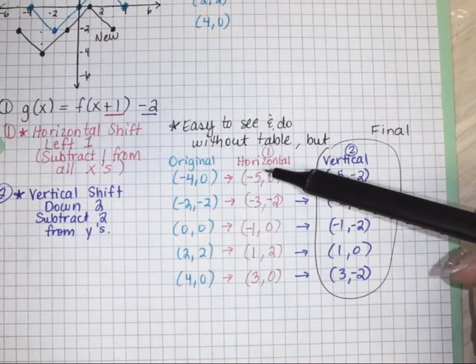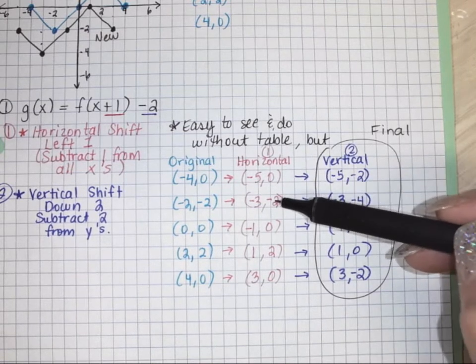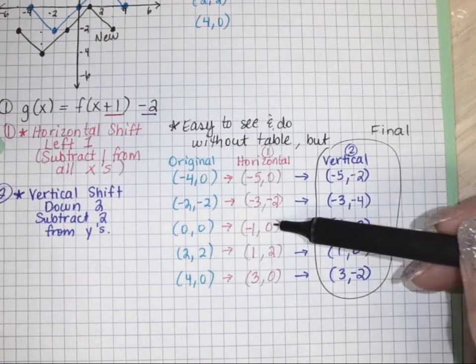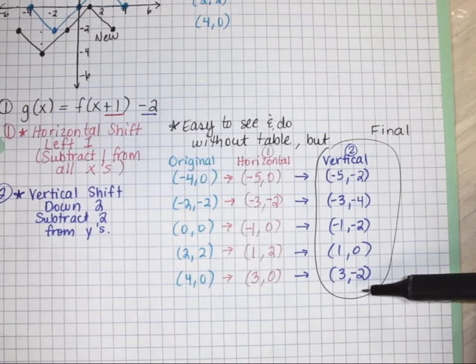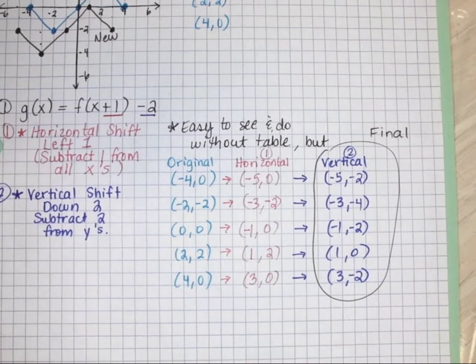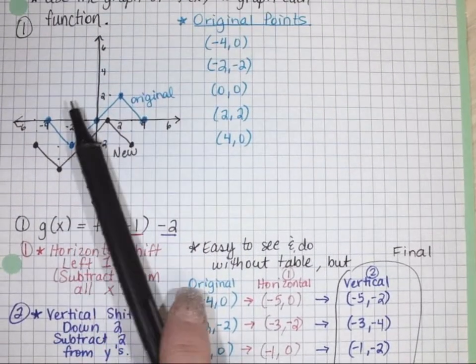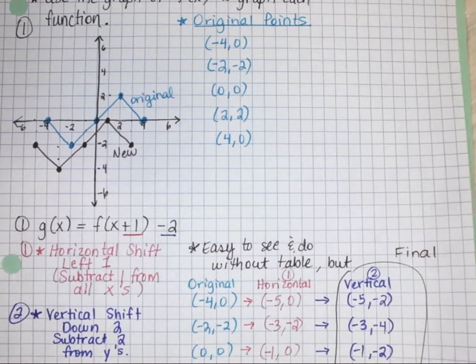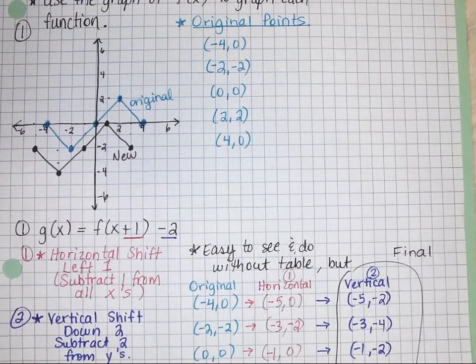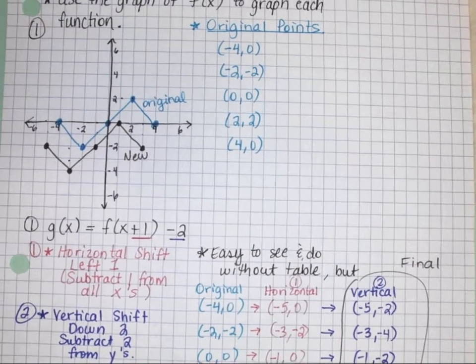So I subtracted 2 from all of these y's. And that's how I got my new points. So you can do it that way if it helps you. But to me, if I can just see it and manipulate my points on the graph, then you can do that. You can also use Desmos to double check once we get into the actual functions you can type in.